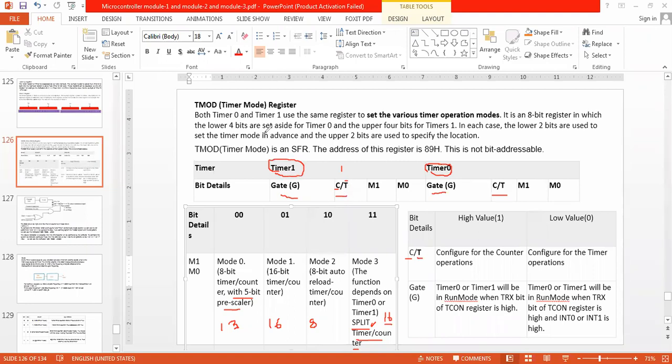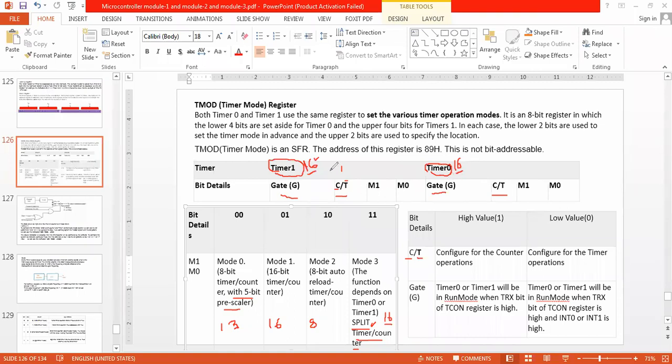Timer 1 is also a 16-bit register, and timer 0 is also a 16-bit register, total 16 bits each.